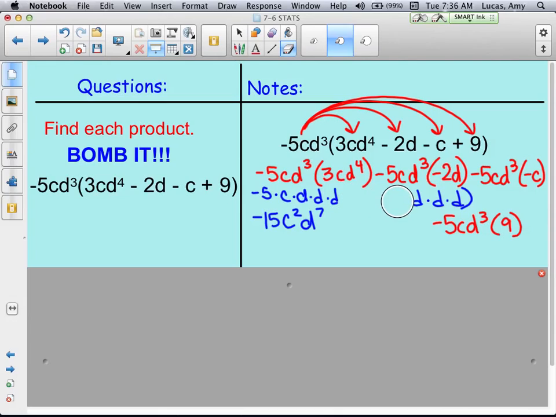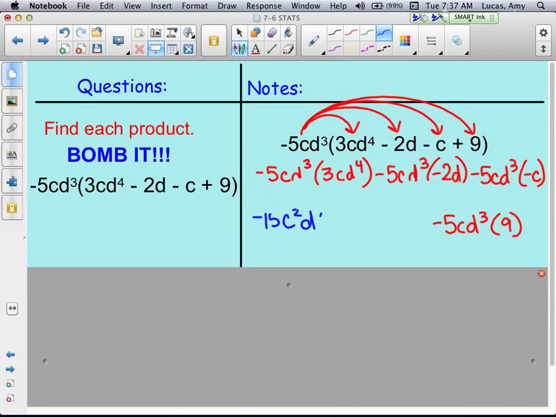But if you want to expand it out, go ahead and expand it out and take a look at it. And erase that so it doesn't look confusing. Okay, so this was negative 15 c to the 2nd, because there was a 1 here, and then d to the 7th. Okay, so I'm done with that product.